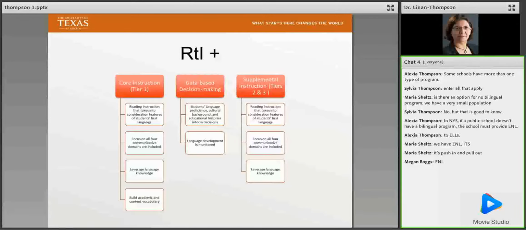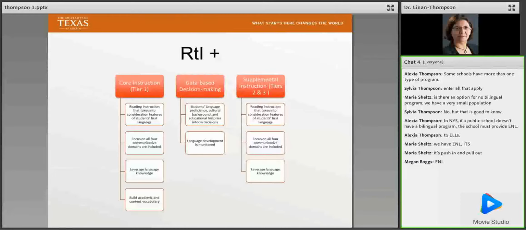Then the next part of it is data-based decision making. It's a common, typical part of RTI, but how does it differ? How will you make decisions differently if your students are ELLs? The first thing, and I know this isn't new, is using students' language proficiency, cultural background, and educational histories to inform decisions.